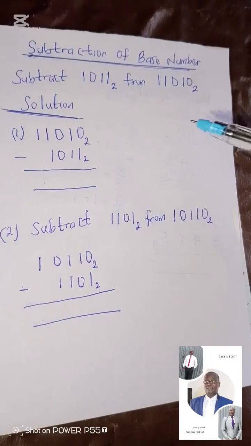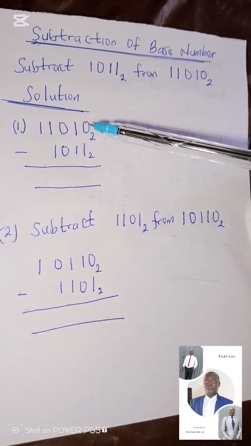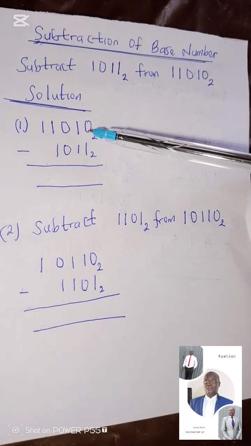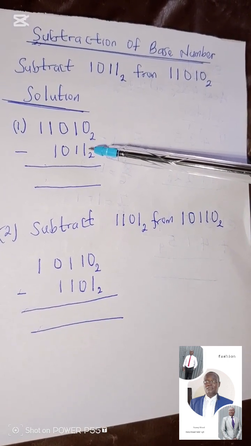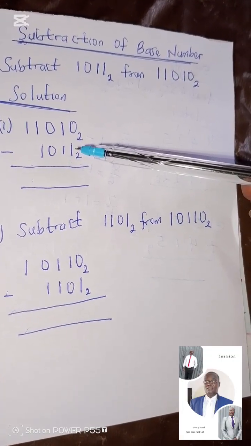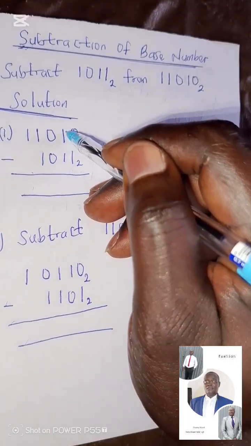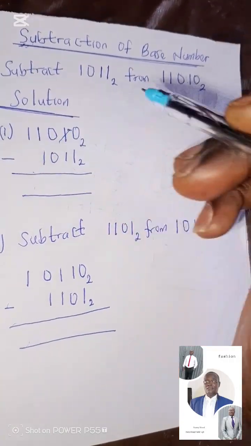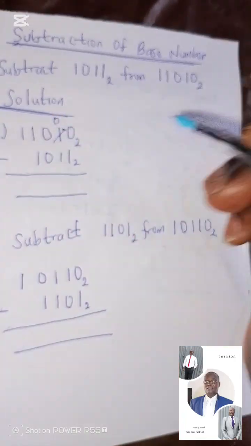It's very simple. In this place, we see that 0 minus 1 is impossible. So when you are subtracting, you borrow 1 from the next number here, and when you take 1 away from here, it remains 0.